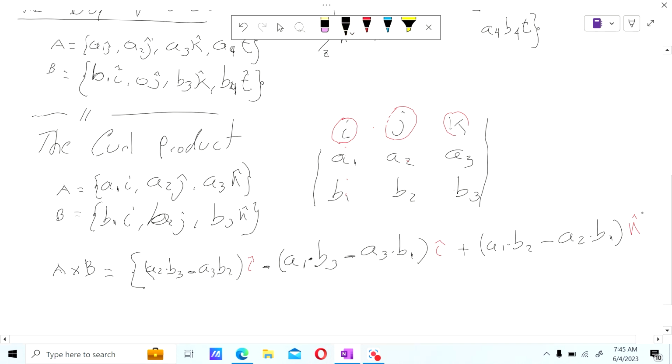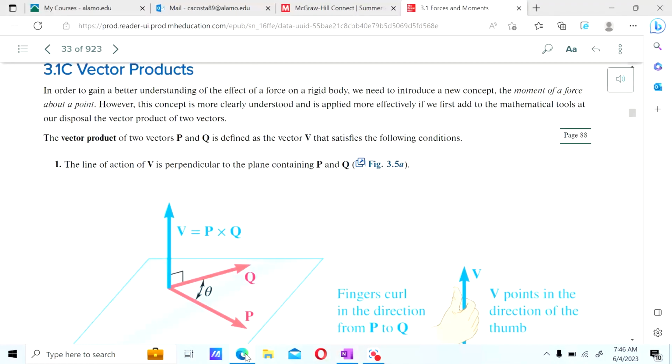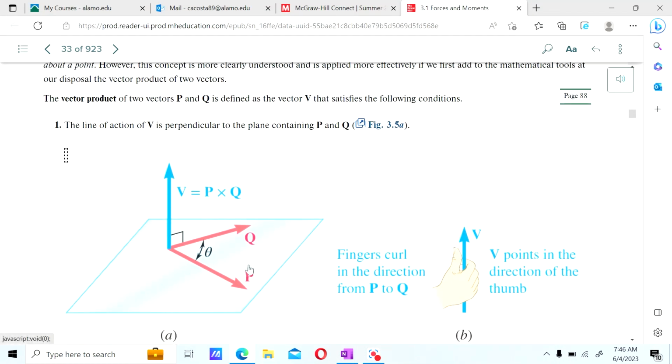All right, now you might wonder, why do we have to do this? Well, the cross product between vectors is very useful because it gives you the rotation of the vectors. So let's go to the graph. If you were to apply a cross product between P and Q, say they're forces, these two forces together will make a V component, this blue vector, try to move in that direction.